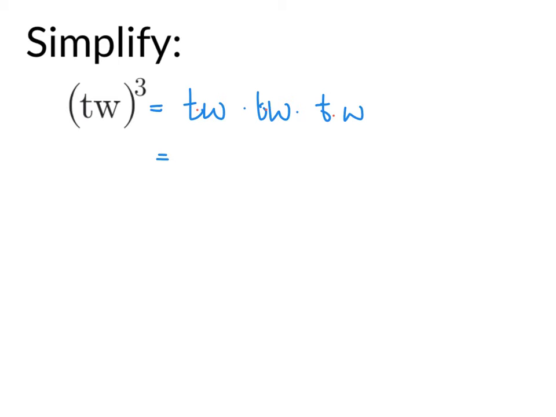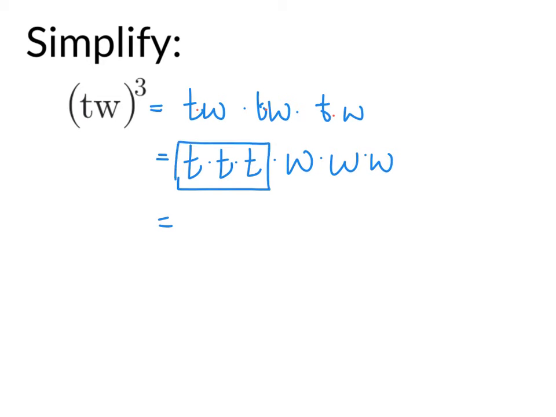And one thing we know about multiplication is that order doesn't matter. So I can rearrange this however I want, like t times t times t times w times w times w. Then we can rewrite this t times t times t as t to the 3rd, and this one as w to the 3rd.